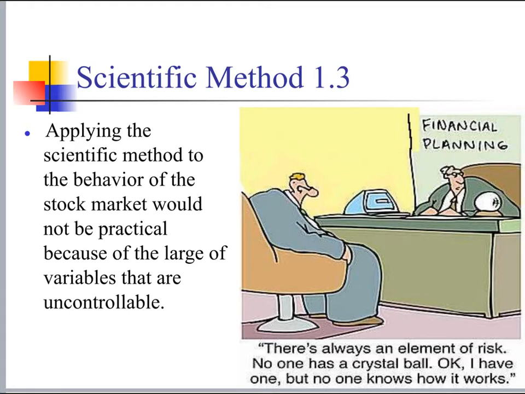However many people are actively participating in the stock market adds a variable. How you buy and sell stocks is different than how I buy and sell stocks, which is different than how somebody else and somebody else and somebody else buys and sells stocks.